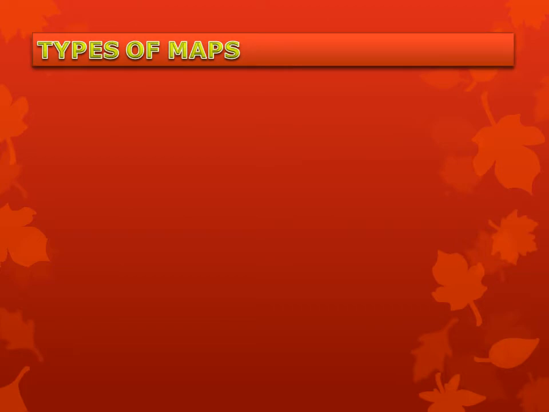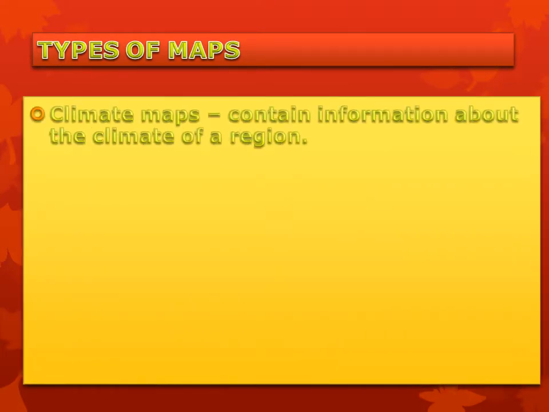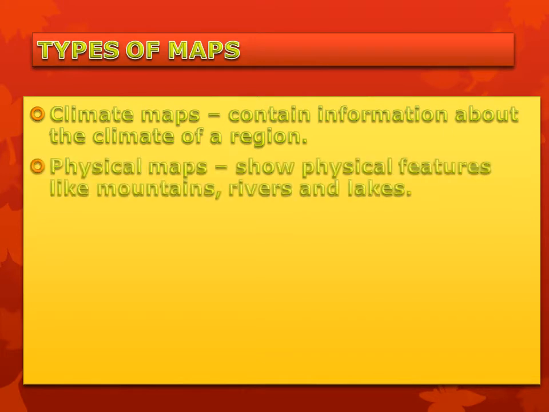Now we will discuss types of maps. There are different kinds of maps. First is climate maps, and it contains information about the climate of a region. Next is physical map.